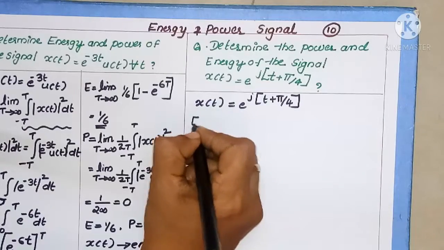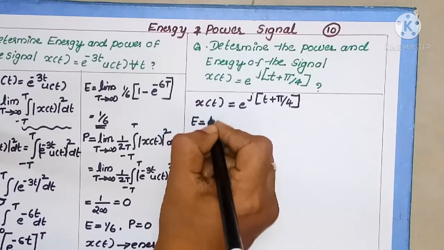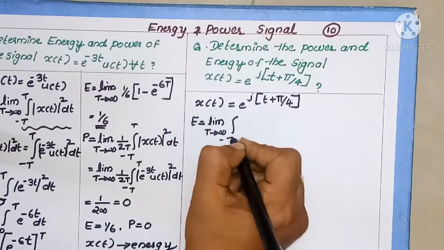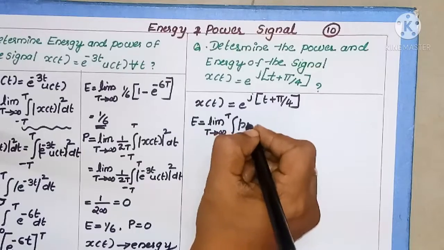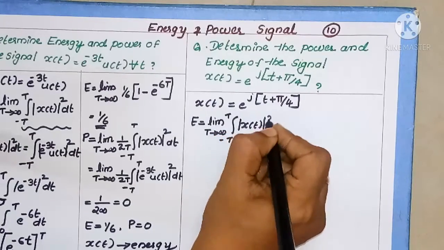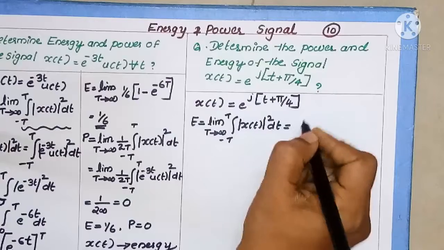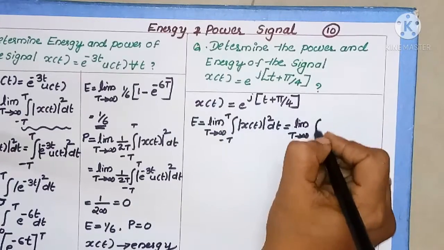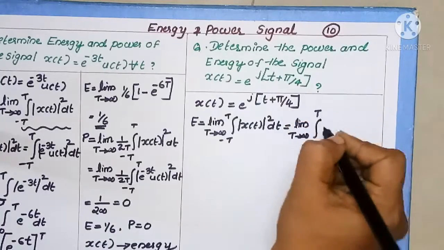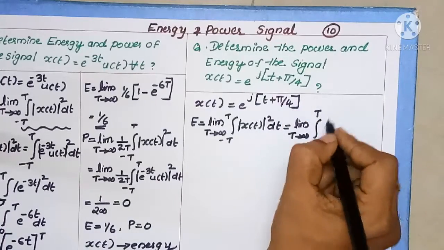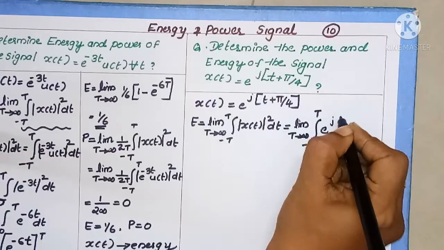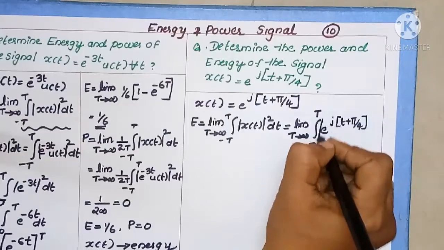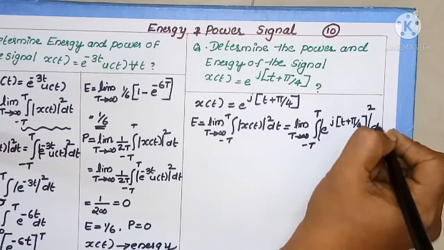The equation of the energy is E equal to limit t tends to infinity integral of minus t to t modulus of x of t whole square dt, equal to limit t tends to infinity integral of minus t to t, applying the given signal e raised to j into t plus pi by 4 modulus square dt.